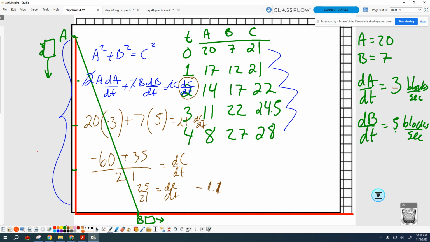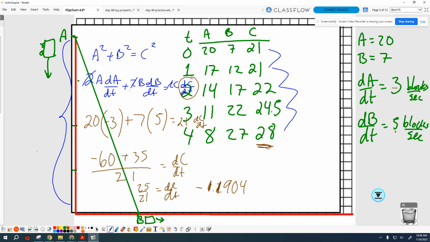I got negative. -1.19047. So right from the start, that's how the distance between them was changing. The cop car was gaining on them by 1.1904 centimeters per second. But clearly stuff changed. The car is pulling away.